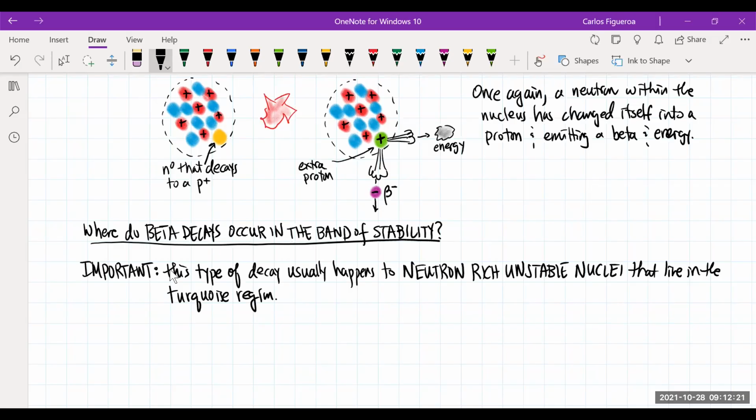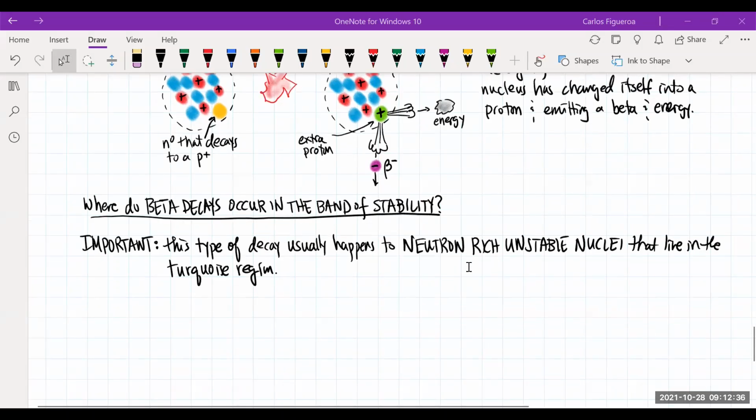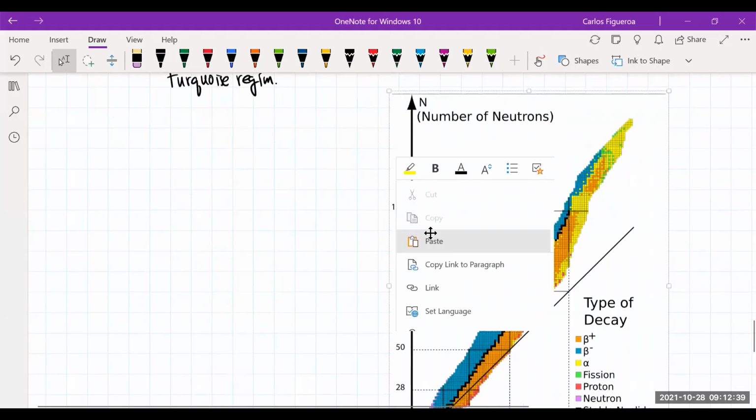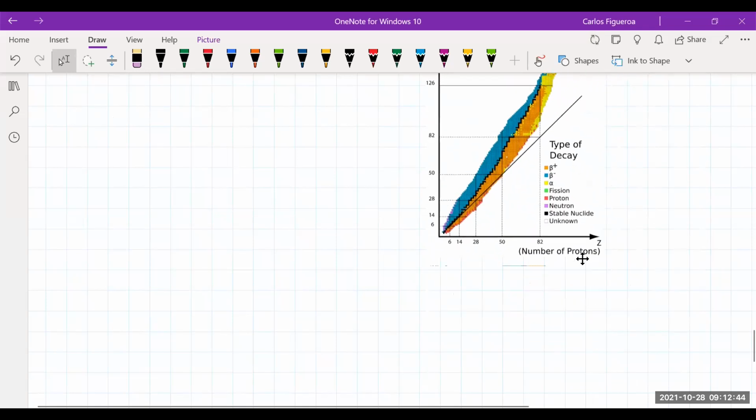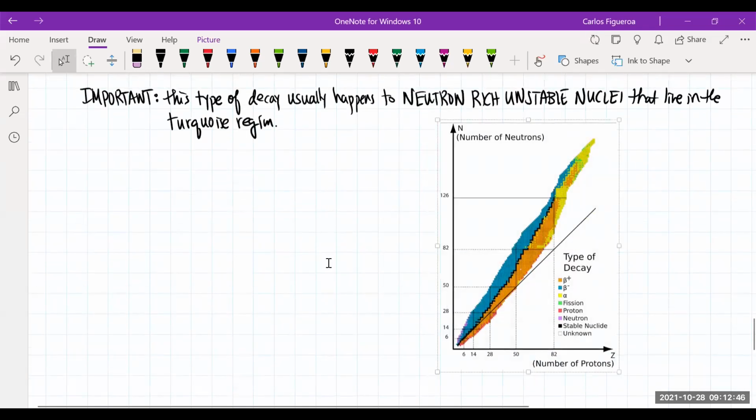So what do I mean by that? It means this here, that when I look at my band of stability here, let's bring this back in, because this is our periodic table for nuclei. When I look at this table, this turquoise region right here, this whole blue region, turquoise region.